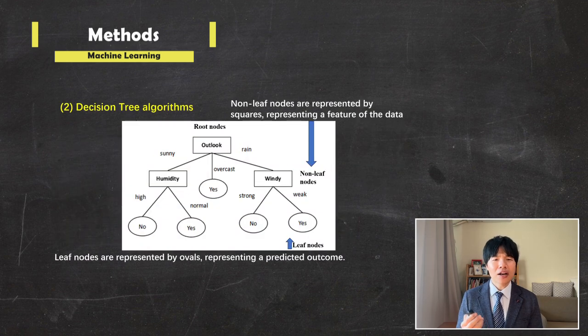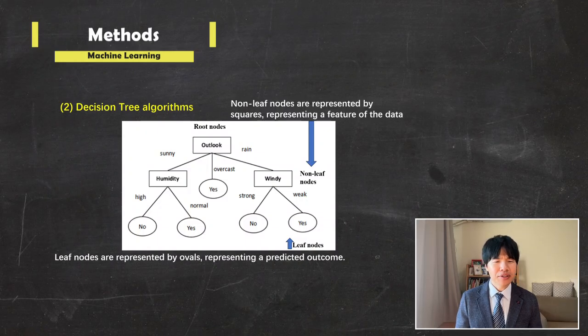Now, let's look at an example of the decision tree algorithm. This image represents a decision tree algorithm. If you have encountered courses on data structures, you may probably be familiar with trees. Trees are composed of nodes. In this image, nodes are represented by squares and ellipses.